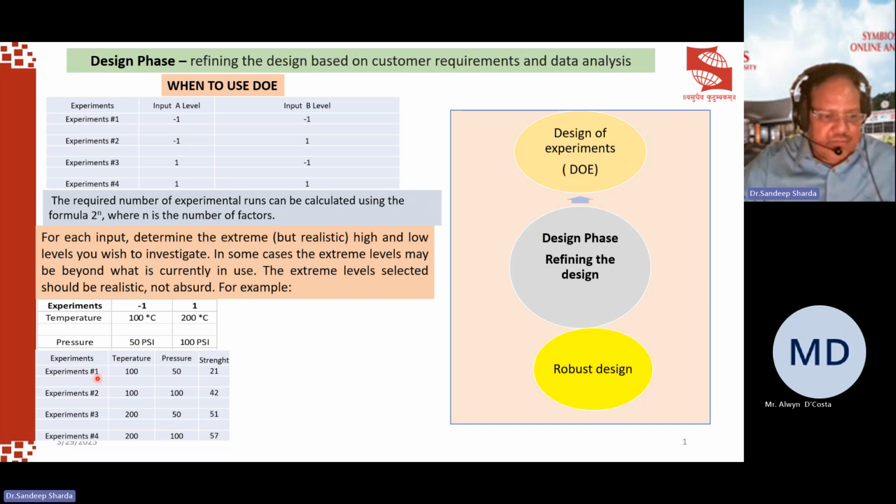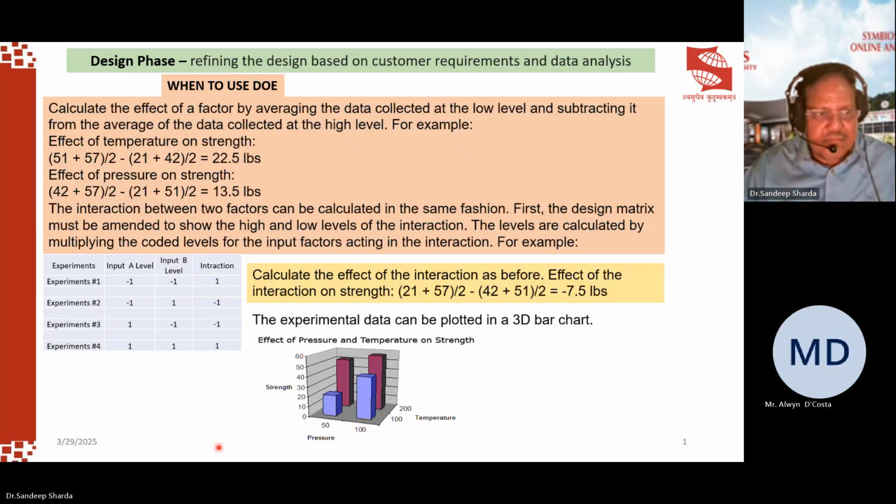So for experiments 1, 2, 3, and 4, temperature will be 100, 100, 200, 200. Pressure will be 50, 100, 50, and 100. Strength will be 21, 42, 51, and 57. Now we are going to calculate the effect of a factor by averaging the data collected at the low level and subtracting it from the average of the data collected at the high level.